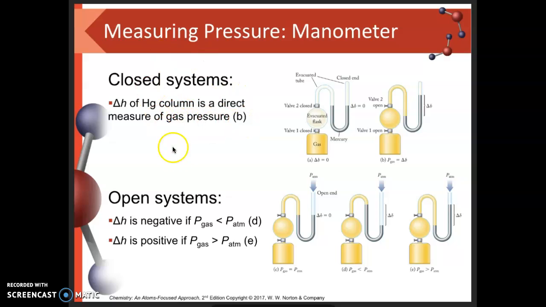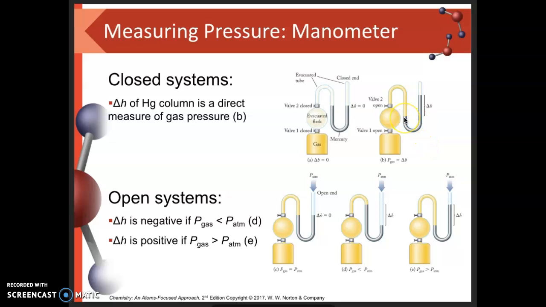So for example, if I have a closed system, and a closed system is a system where I've got an evacuated tube with closed ends on either side. What I will see is that in a closed system like this, when the valve is opened and the gas is allowed to fill the tank, the pressure of that gas is going to push that mercury up to some degree, and we'll be able to measure the height that it pushes that mercury up, and that'll be the pressure that the gas exerts, whatever that value is, however much the mercury climbs.